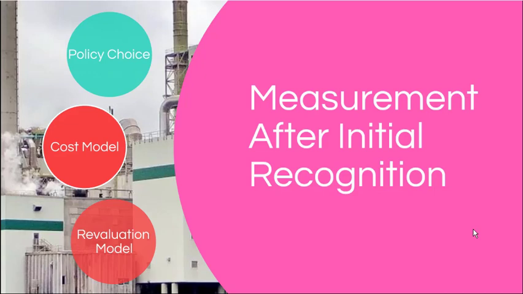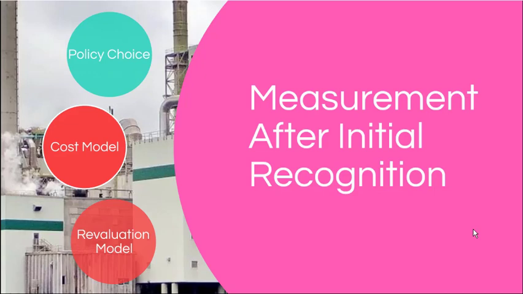In this video we are going to talk about how to measure these property, plant and equipment at the reporting dates, that is, subsequent measurement of property, plant and equipment at the reporting dates.